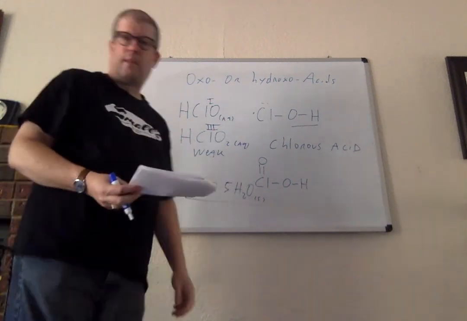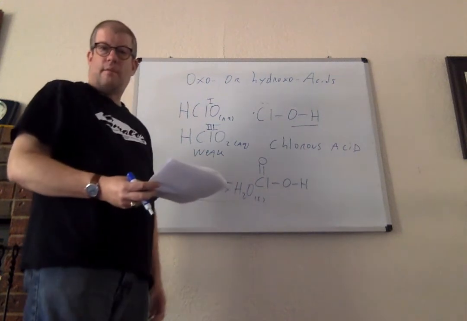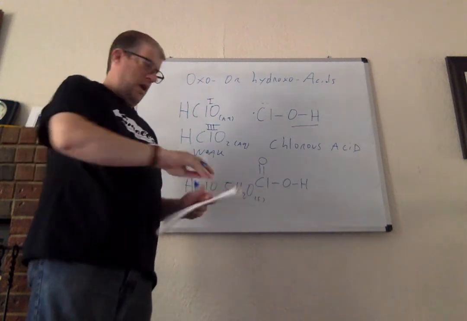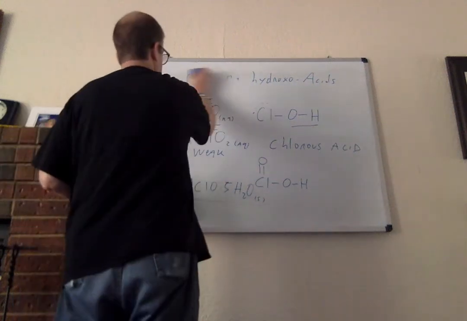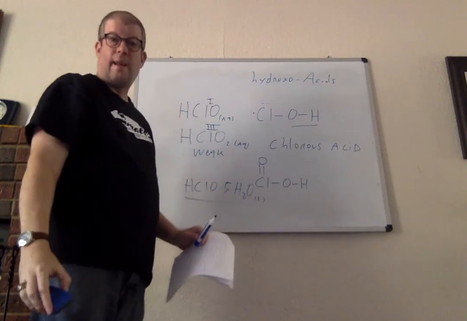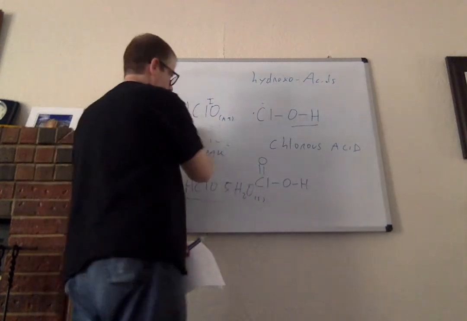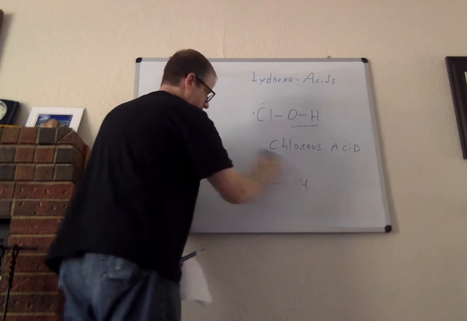This one gets much more reactive in terms of having its solid form. And yes, this is also, I forgot to mention, an oxo acid, not a hydroxyl acid. So are all the rest of them.